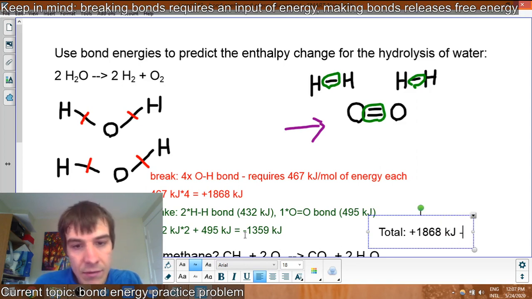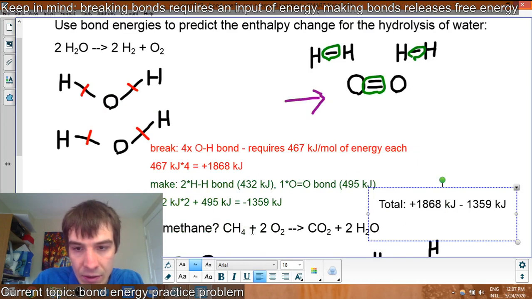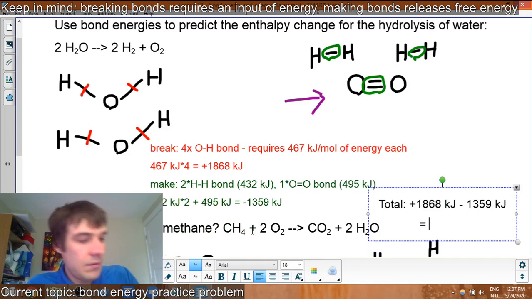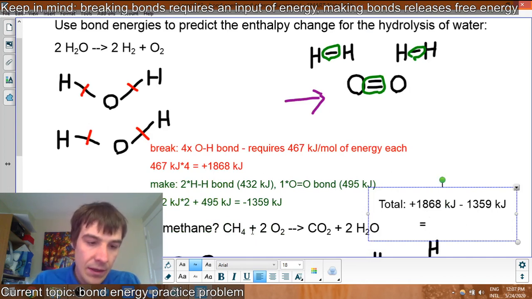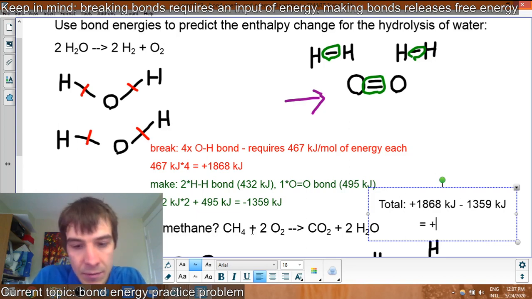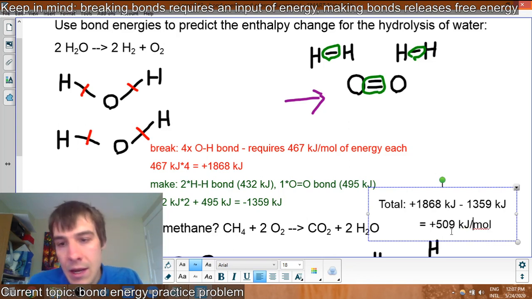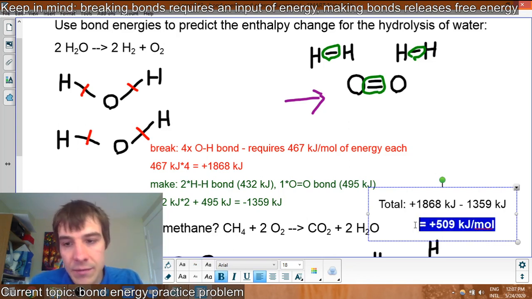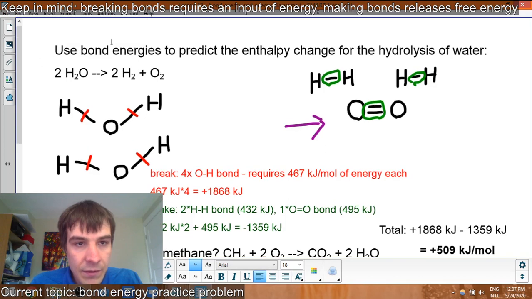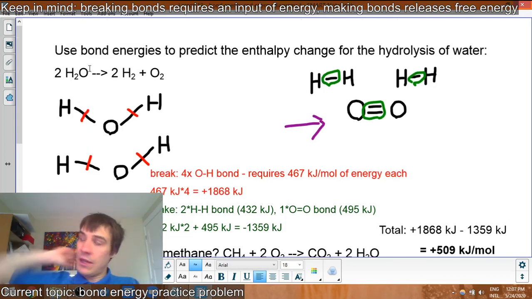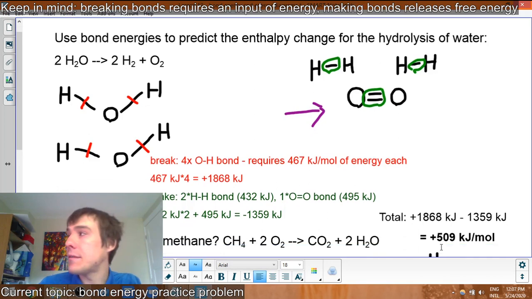Take away what we're releasing, 1359. 1868 minus 1359 equals plus 509 kilojoules per mole. So per mole of this reaction, we have to put in 509 kilojoules per mole.